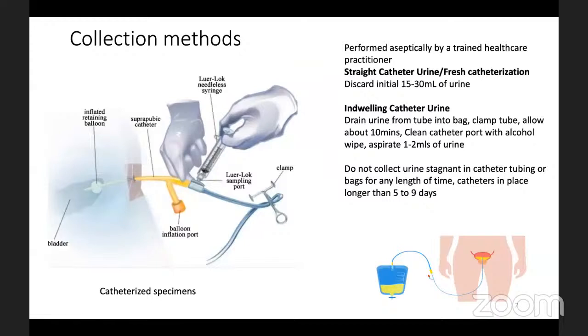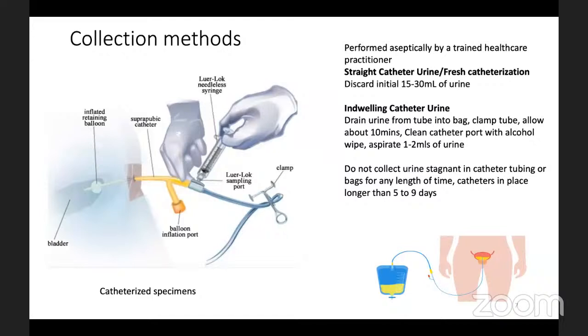The person is already in catheter, so the urine has been standing for some time. So if you go in and take urine from the catheter bag, it is a very bad sample. You have overgrowth of bacteria. If you take urine from the tubings, any part of the tube, you have very bad results.